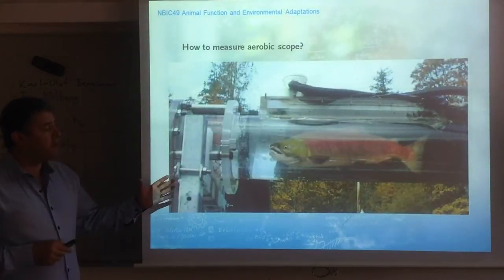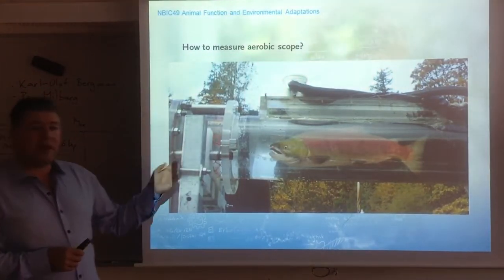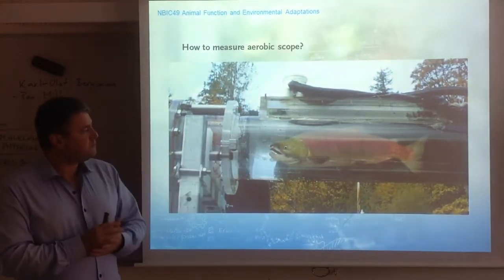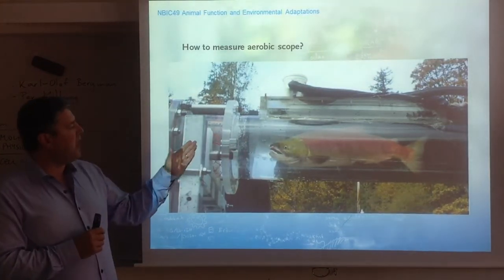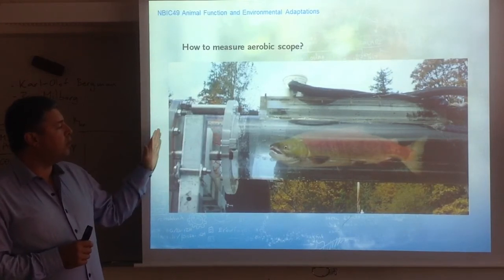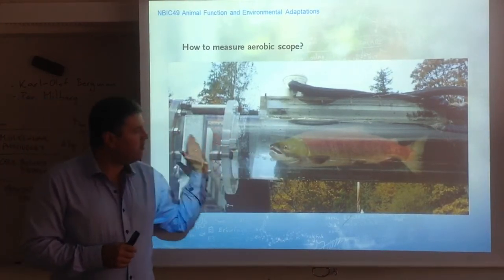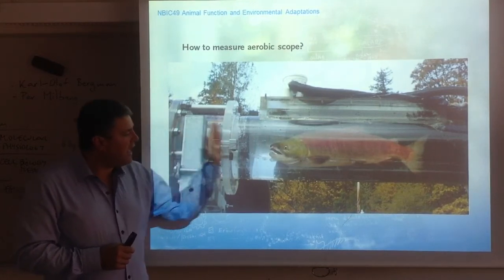How do you do that? Here you have the typical example. This is a swimming flume. In this case, there is a pump that pumps water in this flow meter or respirometer against the fish.